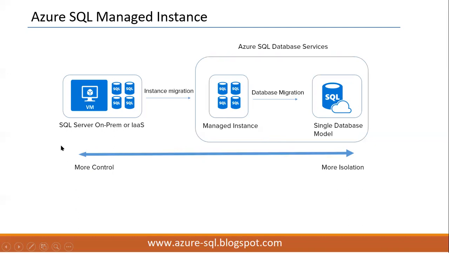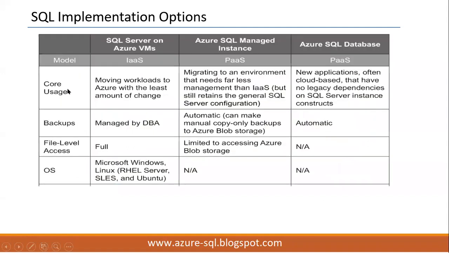So here we have more control, why? Because the instance, the machine, everything is in our control. Here more isolation is there. Check Azure SQL on VM, managed instance, and Azure SQL database.